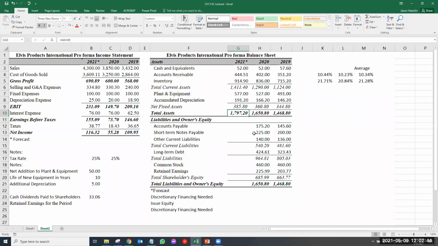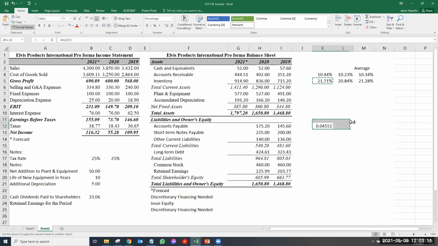Now, let's work on the other side of the balance sheet. So accounts payable, as I mentioned before, is related to sales. So we're going to look at the relationship between accounts payable and sales level by dividing the accounts payable by the sales of the same year. Go ahead and do this. And then I can also just drag it and it'll give me the same formula.